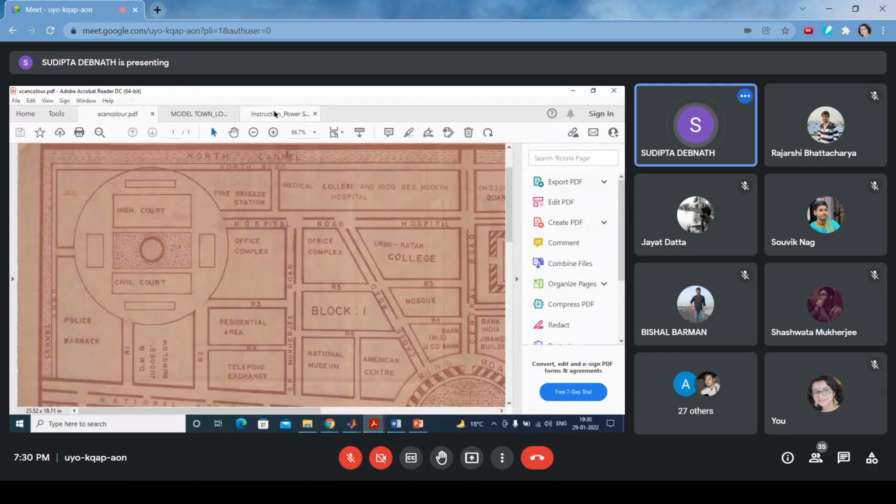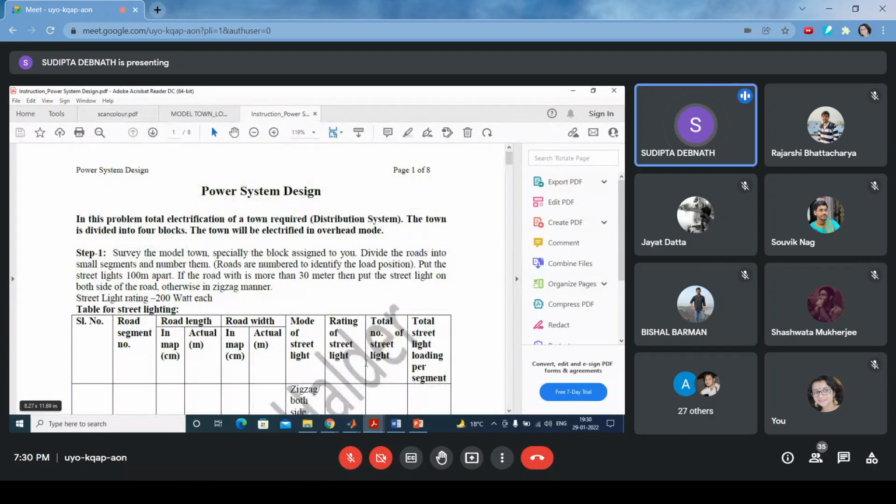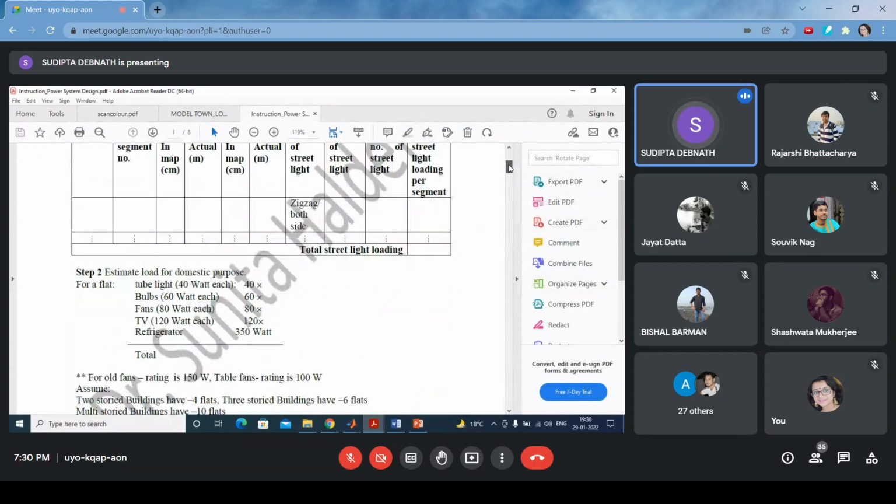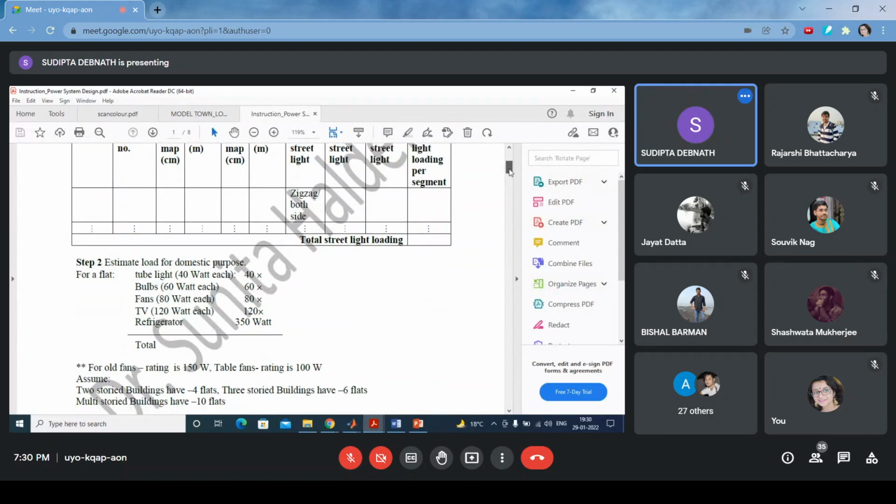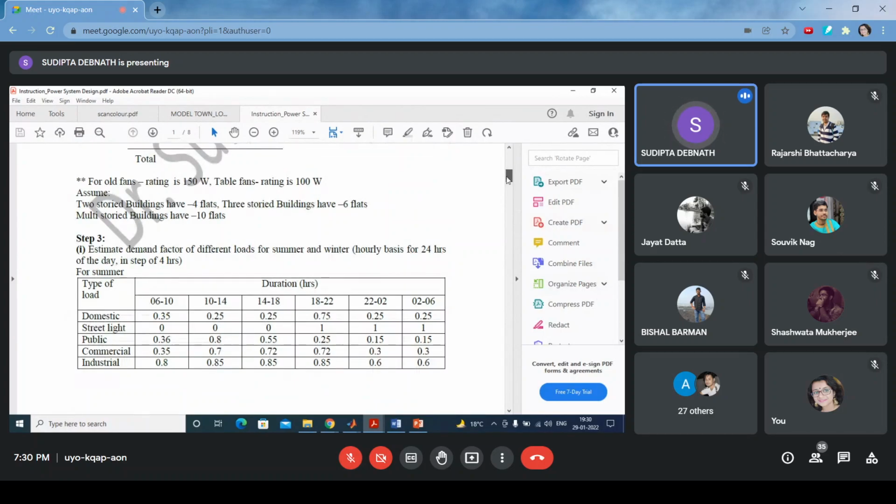So first you have to start with this one. Then once you complete this one, I will tell you how to estimate the domestic load and what is the total load. Then what type of loadings are there? First one domestic load, then street light load, then commercial and industrial load, which are shown here.